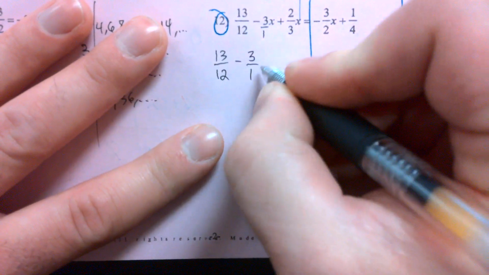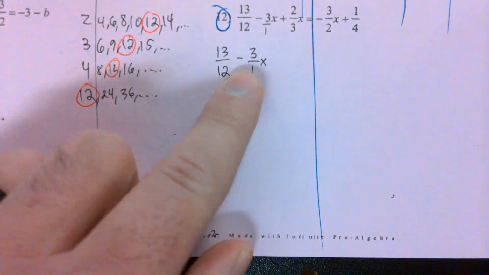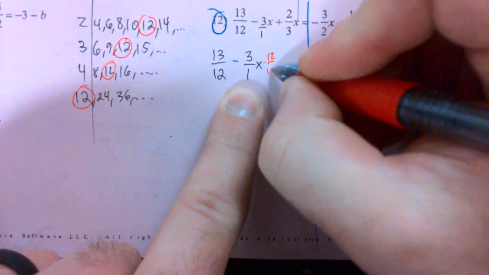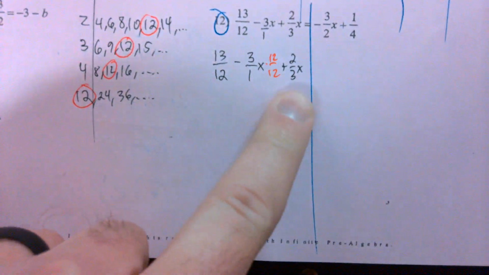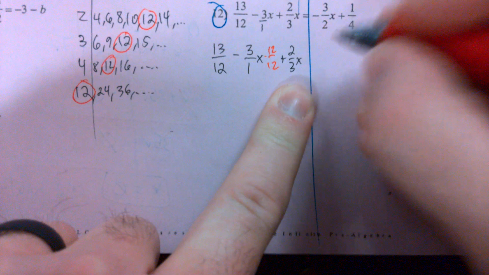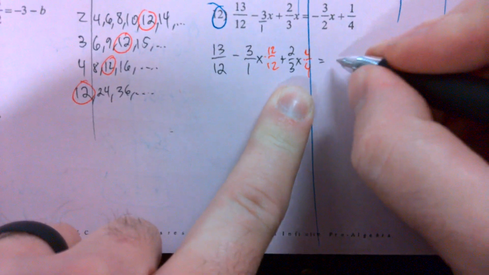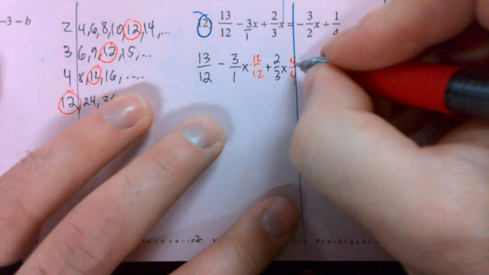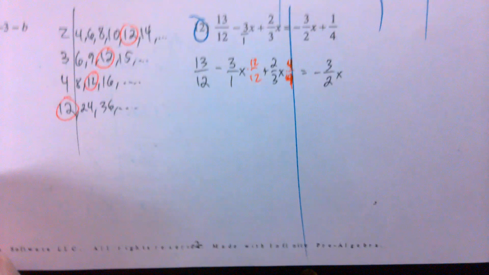If I've got 3 over 1x, what can I multiply 1 by to give me a 12 on the bottom? 12. Plus 2 over 3x. What can I multiply 3 by to give me 12 on the bottom? 4. So we'll multiply by 4 over 4. We're multiplying by a whole fraction, so that same number over that same number.